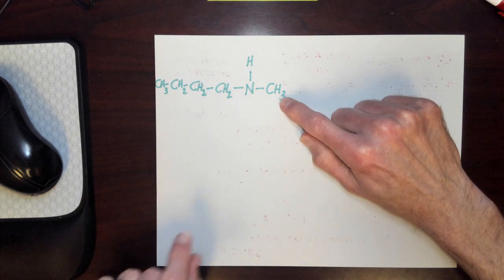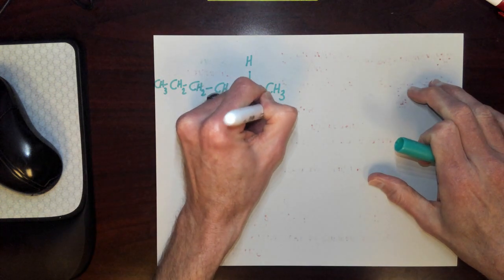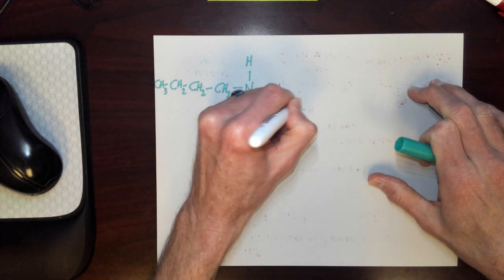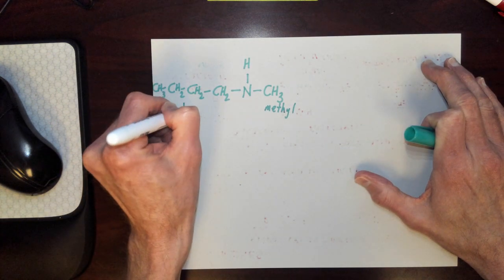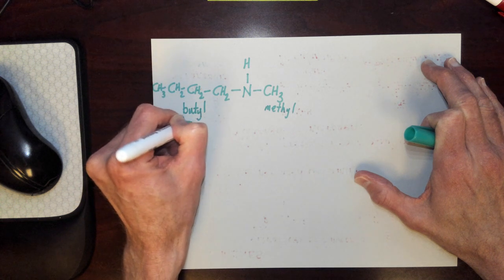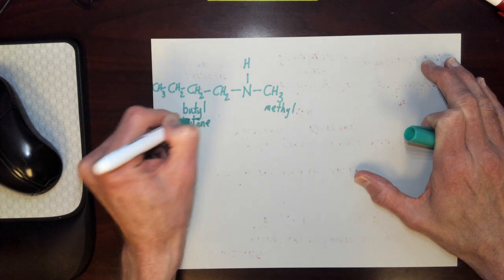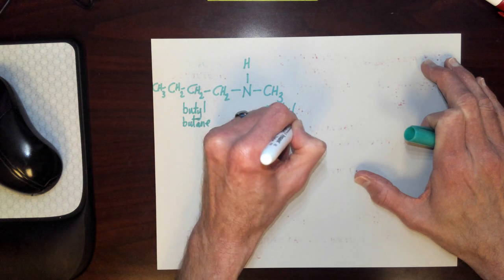We have a methyl and we have 1, 2, 3, 4 carbons. We have a butyl. So this is a butane root. This is a methane root.